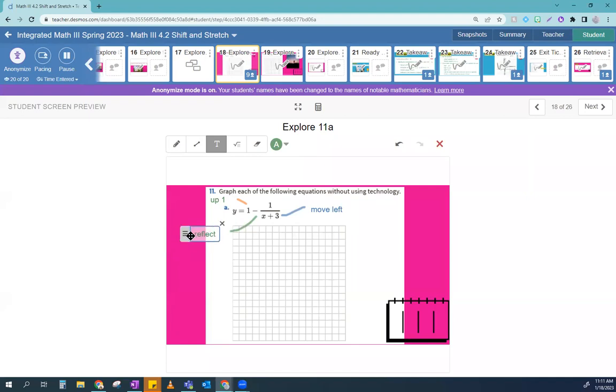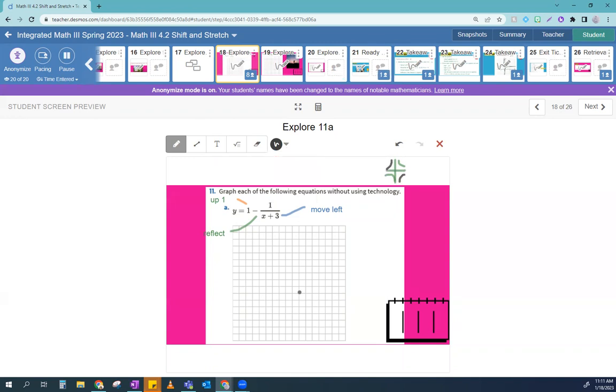Hold on a second. Let me just move this closer. So if you don't know what reflection means, it kind of means this. Our normal rational function looks like this: upper right, lower left, right? But that reflection across the x-axis now moves it so it's like this.